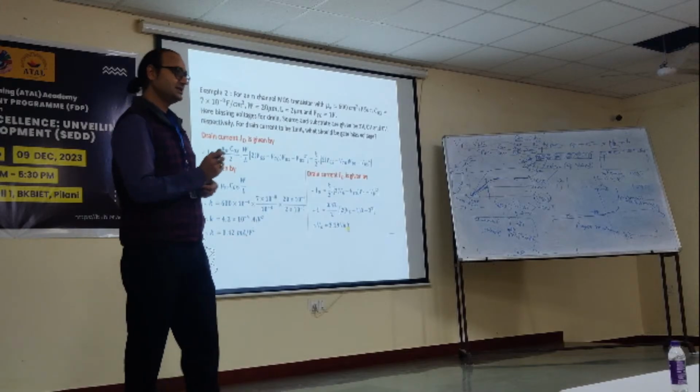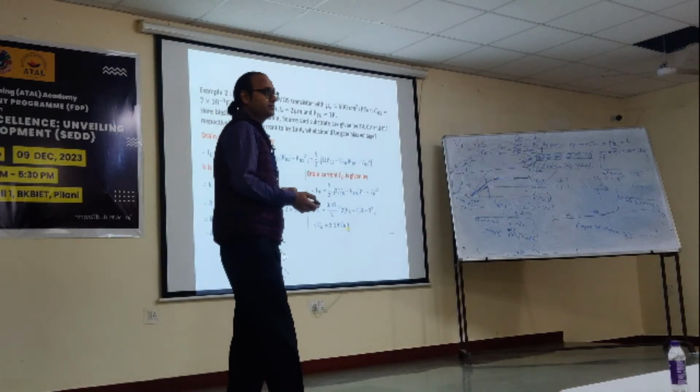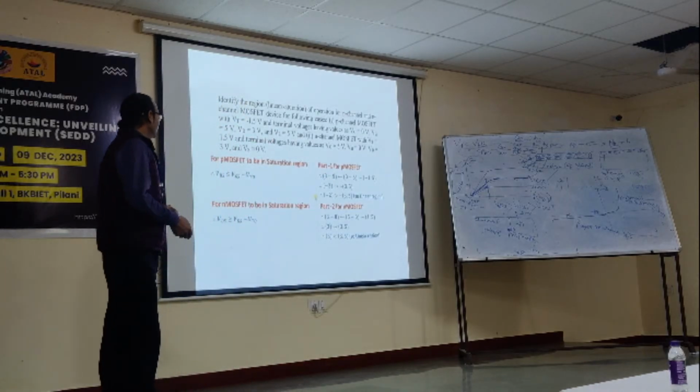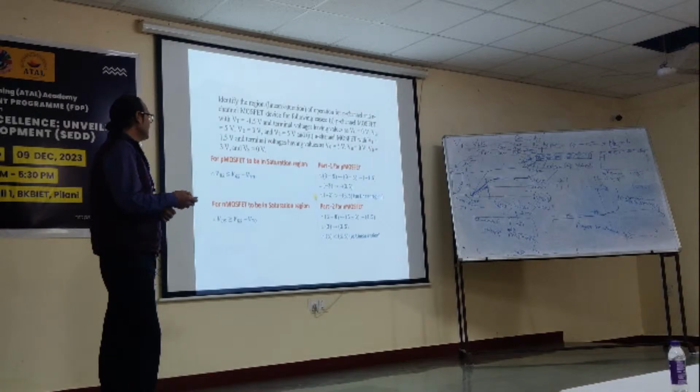If VDS is greater than or equal to VGS minus VT, then we will apply it, like in this question. What is asked there? If you can understand this problem, then for the saturation region what should be there?